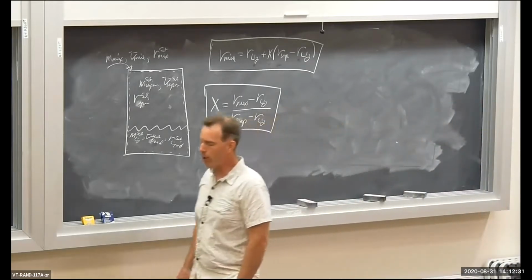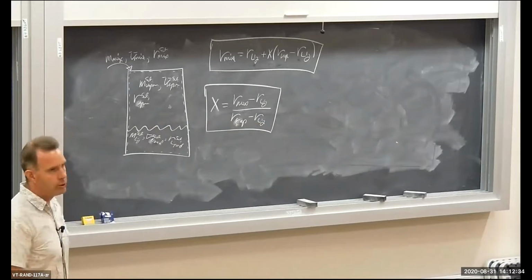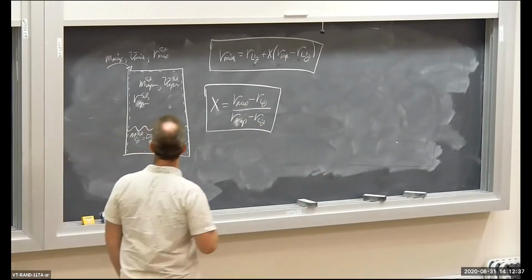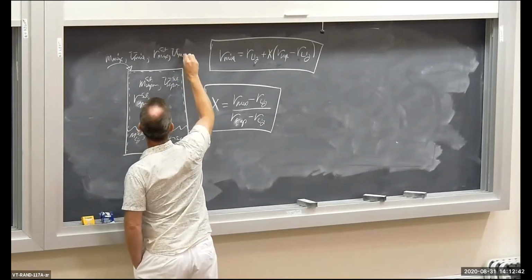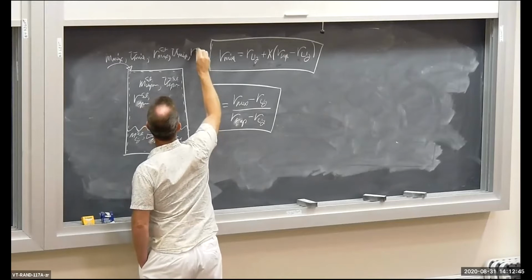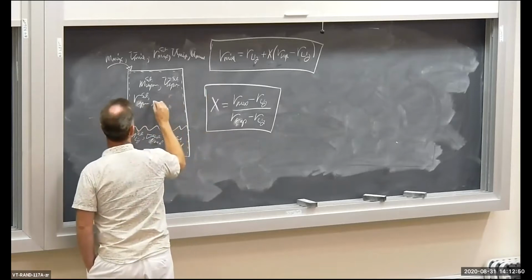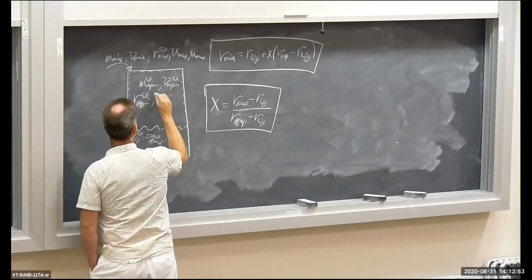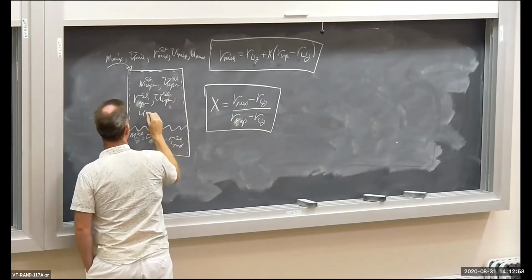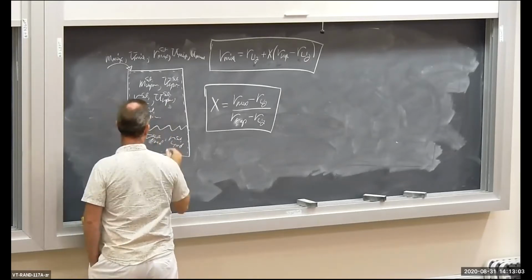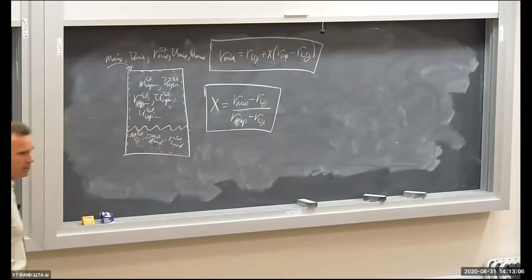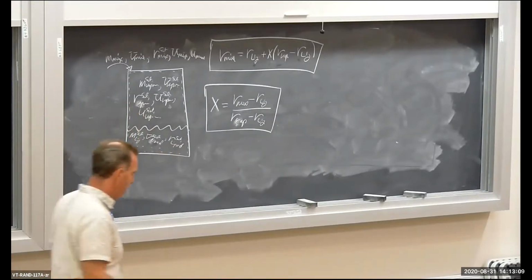Now, one little thing I want to point out before we move on and we do an example is this whole derivation could have been done with internal energy. I have a U of the mix, a specific internal energy of the mix. I have a specific internal energy for the saturated vapor. Same thing for the liquid. I could have done this in terms of internal energy instead of volume.